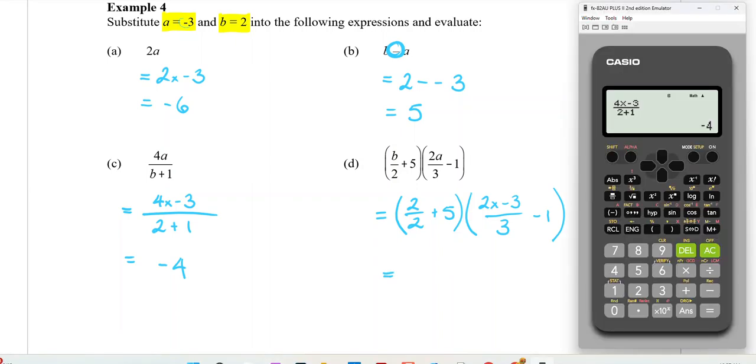So using the brackets on the calculator, so bracket there, then fraction 2 over 2 plus 5, close bracket, open bracket, 2 times minus 3 over 3, minus 1, close bracket. And it's equal to negative 18.